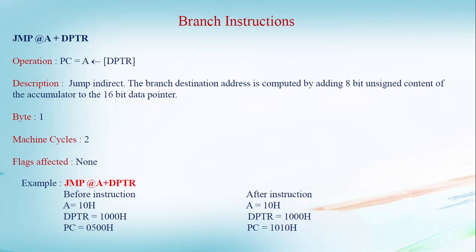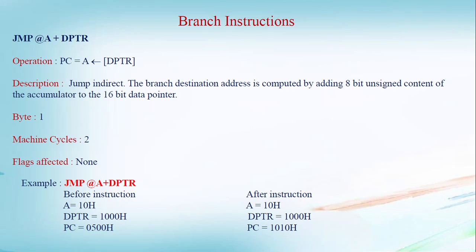Next, JMP @A+DPTR. It means jump indirect. The branch destination address is computed by adding the 8-bit unsigned content of the accumulator to the 16-bit data pointer. It requires 1 byte and 2 machine cycles. No flag is affected.